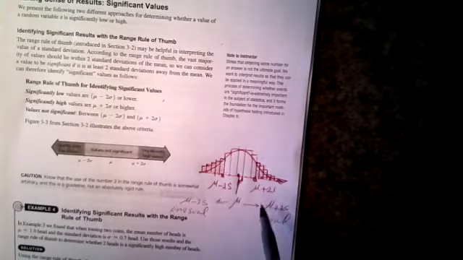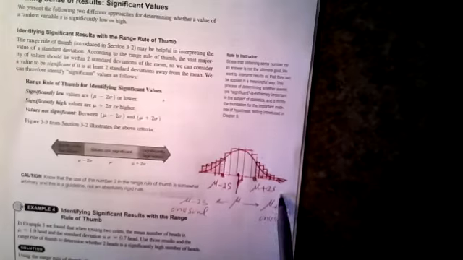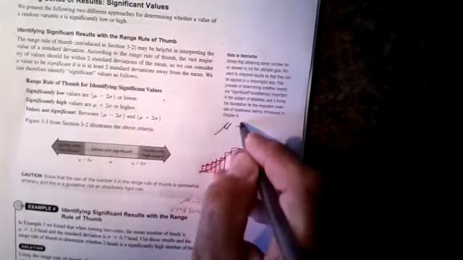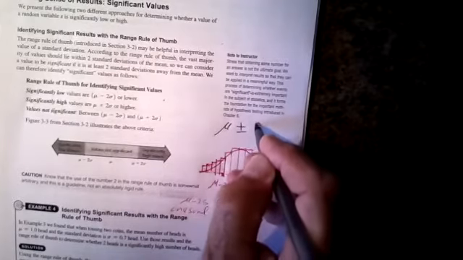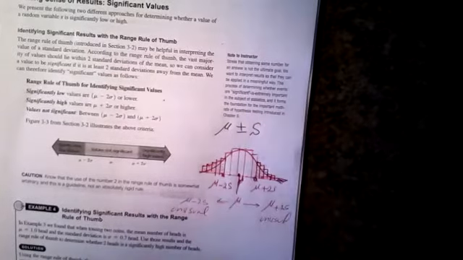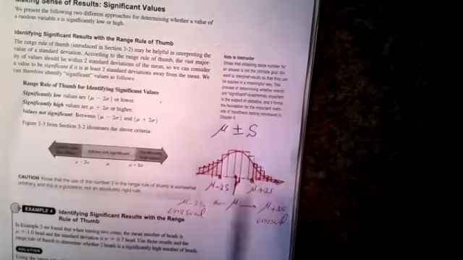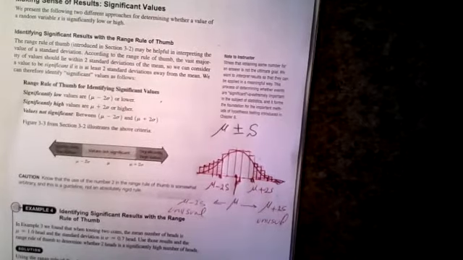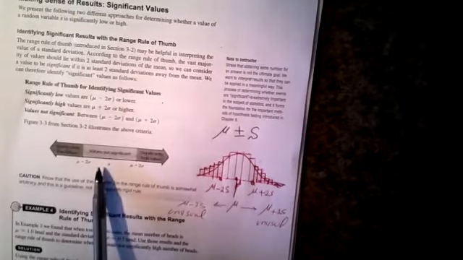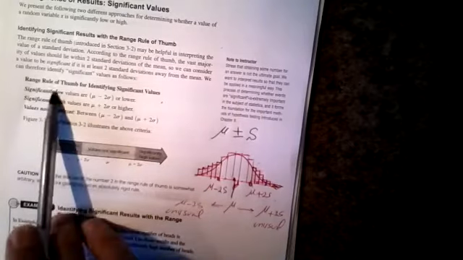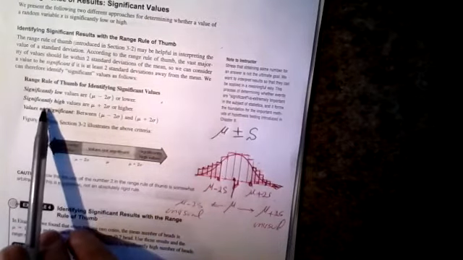When we give you the mean and the standard deviation, you take the mean and add and subtract the standard deviation to it. That gives you these 2 points. So any number above this or below this is unusual. And that's what they discuss here. So that's when it is significantly low or significantly high.